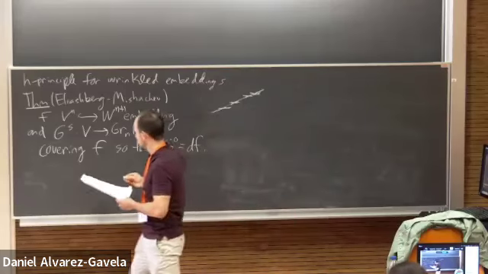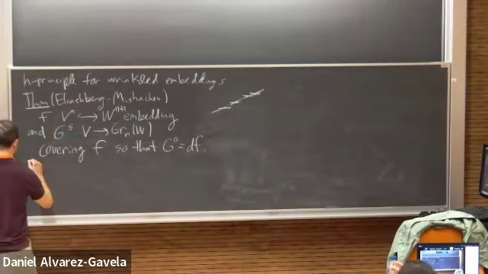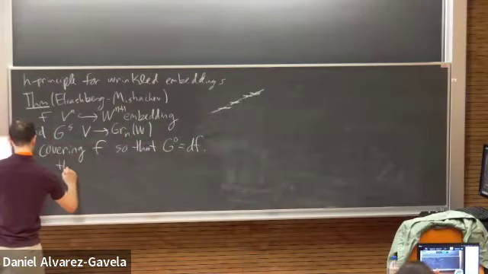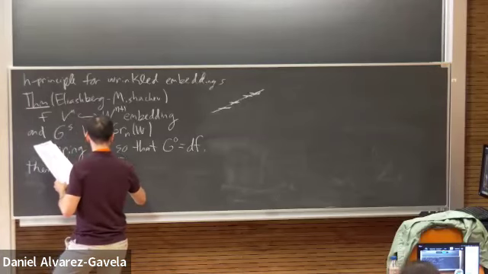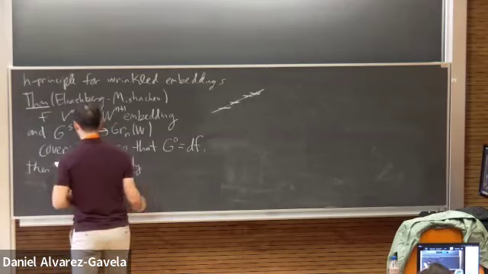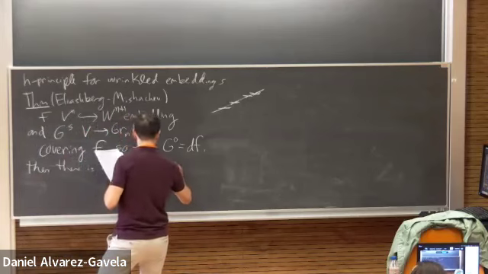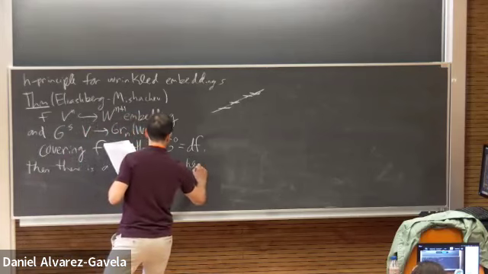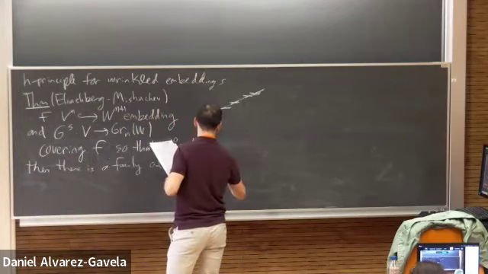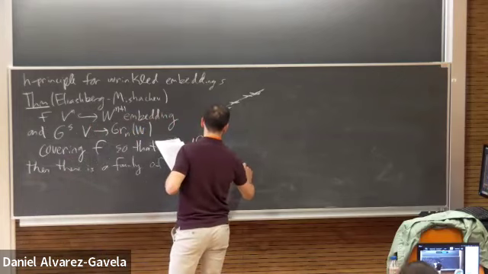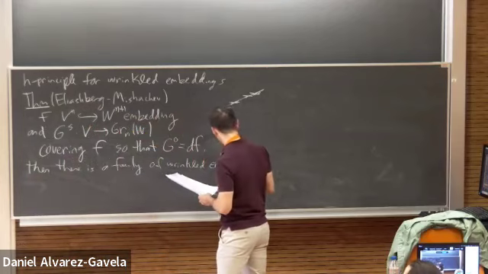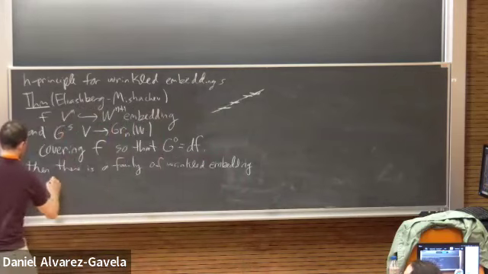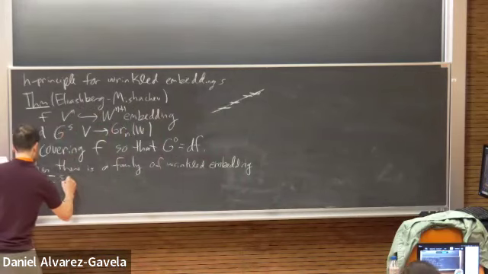So we're just rotating, and then the claim is that there is a family of wrinkled embeddings. These are these topological embeddings that have wrinkles. These are called F of S.